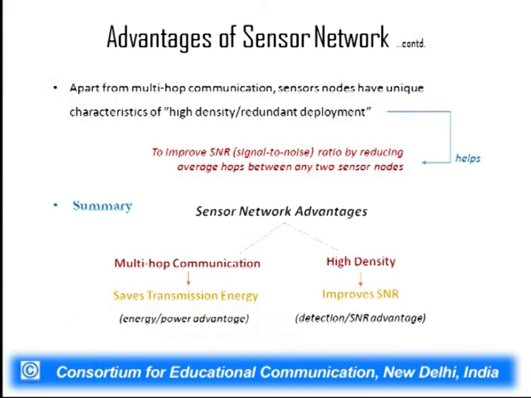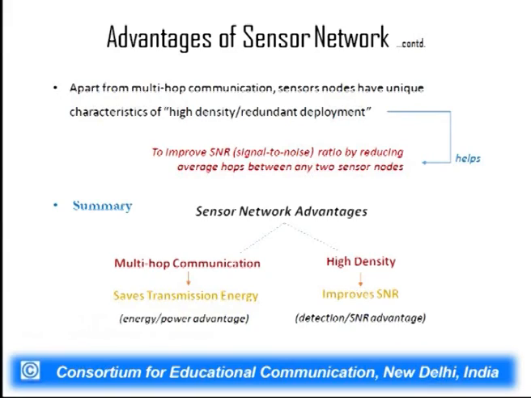So in the lecture forward, we will talk about these two aspects, the multi-hop communication part and the high sensor node density. What's the purpose of these two? When we are discussing these two, we are mainly discussing multi-hop communication versus single hop communication, and low density deployment versus high density deployment, as high density deployment is a characteristic of the sensor network.